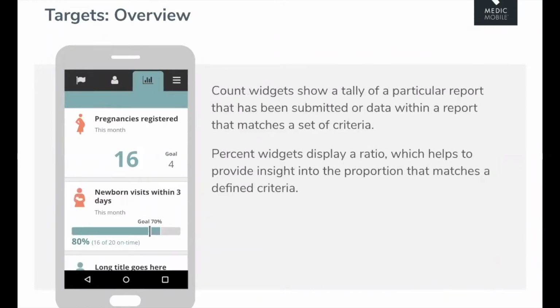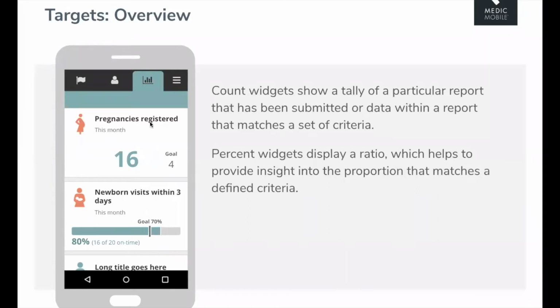And as I mentioned, we have different types of widgets. You could have two broad categories where you have your count widgets showing a tally of a particular report that has been submitted or data within a report that matches a set criteria. And the count widget looks like what is at the top there, where you have pregnancy registered.